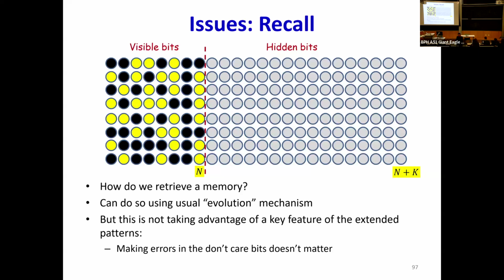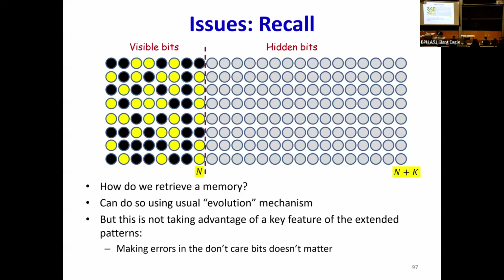I can do this using the standard evolution mechanism, but then there's something that we're not taking advantage of. And what we are not taking advantage of is this, that we don't care about errors in the gray bits. So you can actually take advantage of this fact to have better recall of the colored bits.